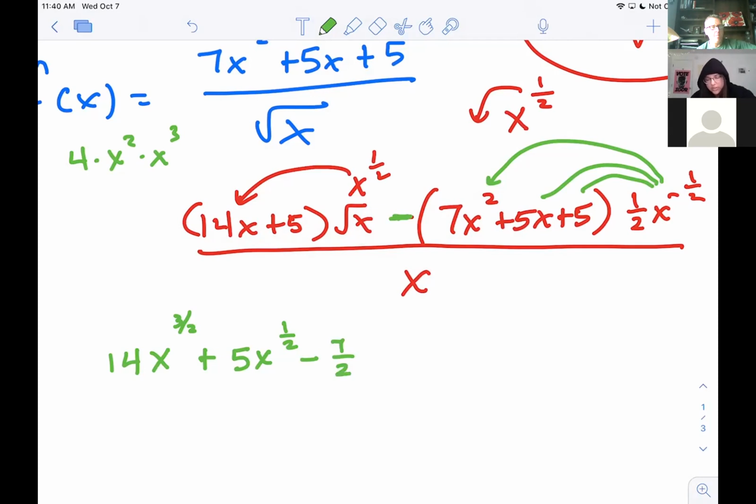And 2 minus 5/2, right? No, because it's negative a half. You're adding 2 and negative a half, not 2 plus a half. Oh. 3/2.